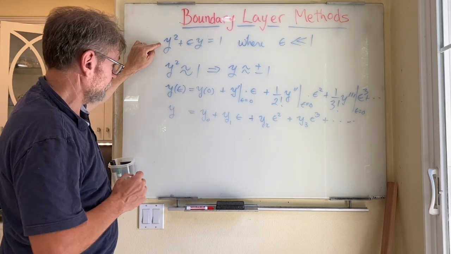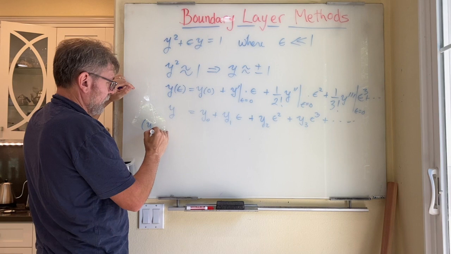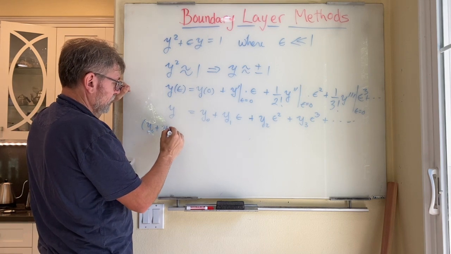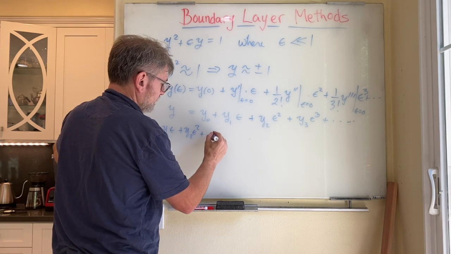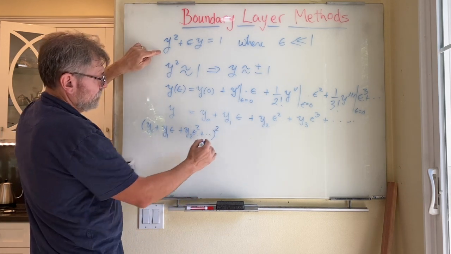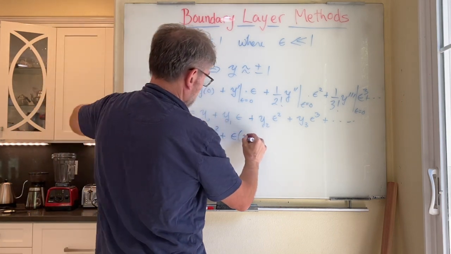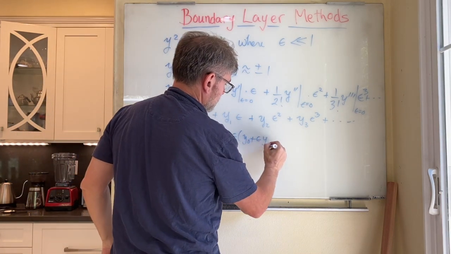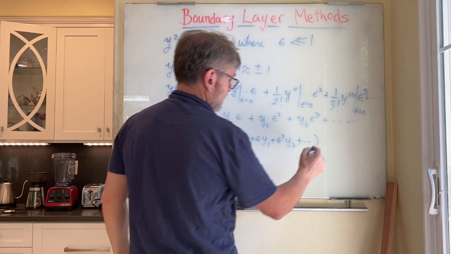So let's do that. If I plug this into the equation, what I will get is y naught plus y1 times epsilon plus y2 times epsilon squared plus dot dot dot, all squared, plus epsilon times, and then I plug in this in there, y naught plus epsilon y1, and so on, minus 1 equals 0.